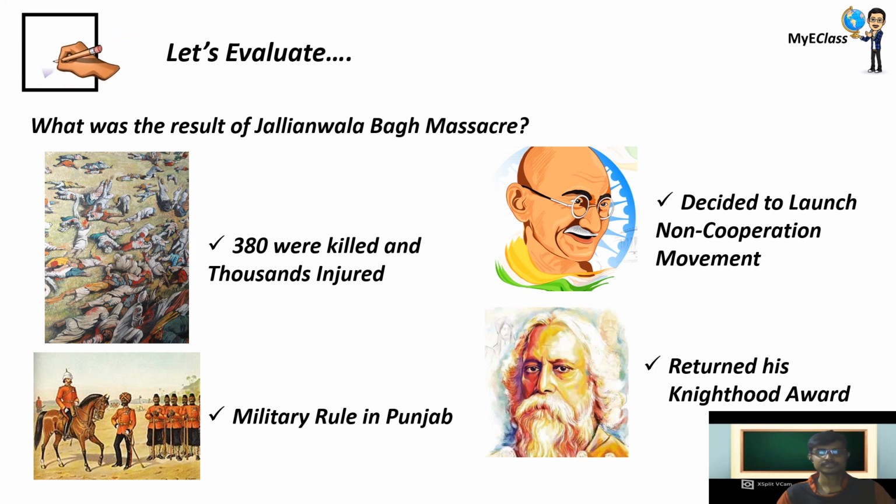And opposing the Jallianwala Bagh massacre, Mahatma Gandhi decided to launch the non-cooperation movement. And even Rabindranath Tagore returned his knighthood, which he received from the British, opposing the inhuman massacre at Jallianwala Bagh.